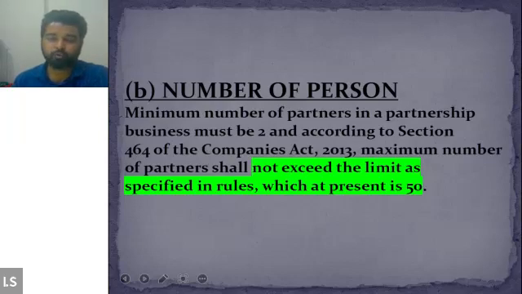there should be at least two partners to start a partnership, and the maximum number of partners in a partnership firm can be up to 50. There is one very interesting thing about this feature, that the minimum number of partners in a partnership has been specified under the Partnership Act 1932, but the maximum number of persons which can be there in a partnership firm is not specified under the Partnership Act.